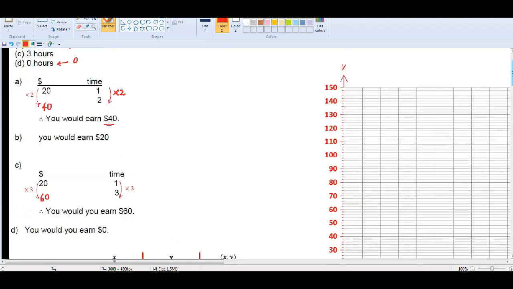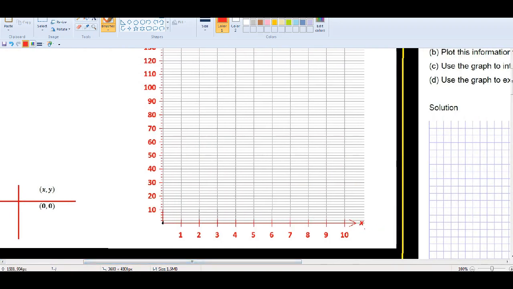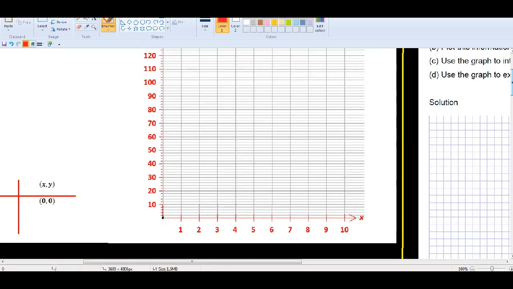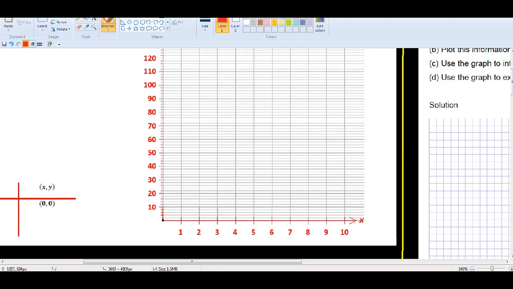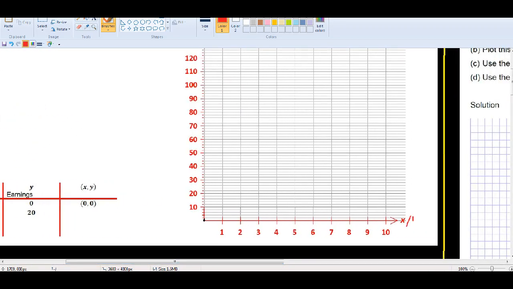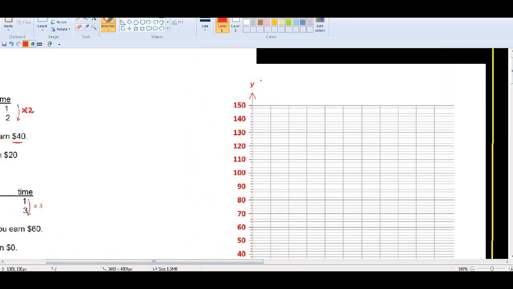So if we want to put them into a coordinate system, there must be an x coordinate and a y coordinate, right? So let's say the x coordinate is the time, which is in hours. Okay? And the y coordinate is the pay, which is in dollars.